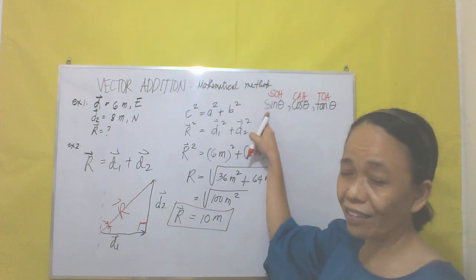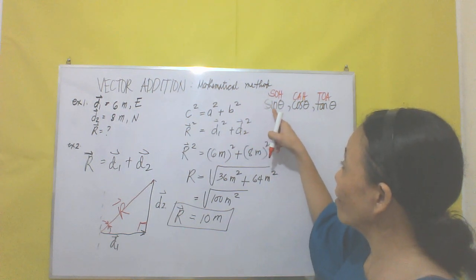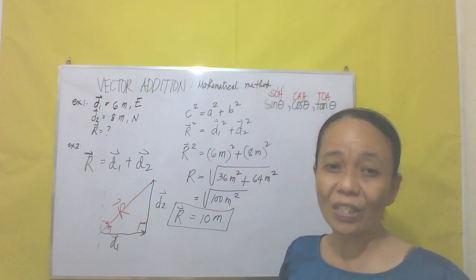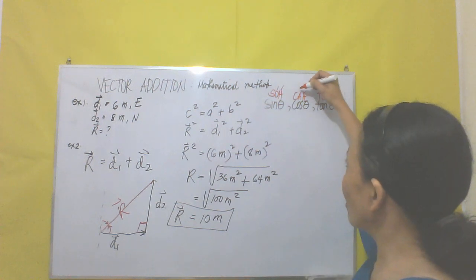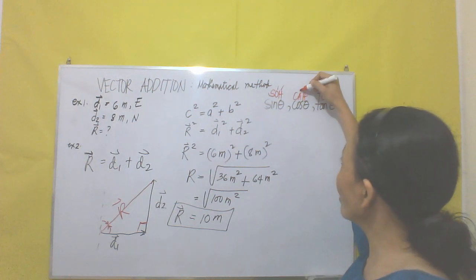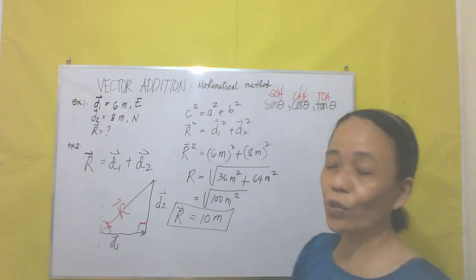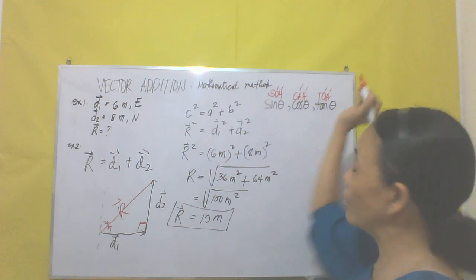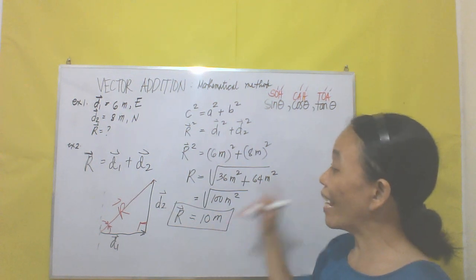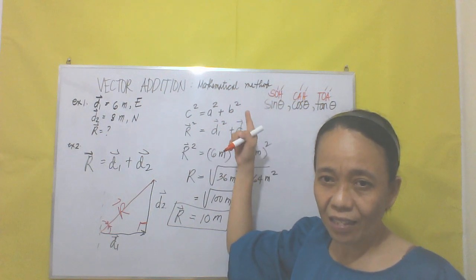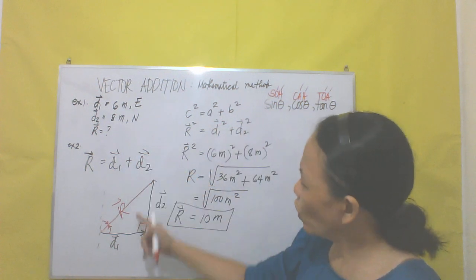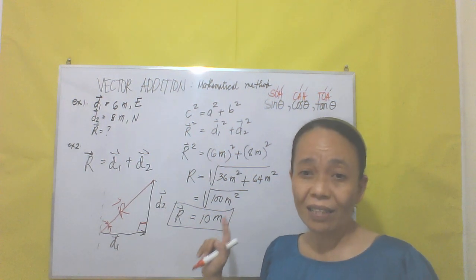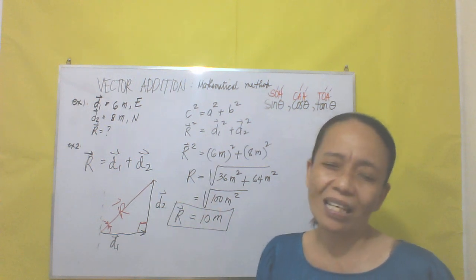Sine theta is equal to the opposite side divided by the hypotenuse, the longest side c. Cosine is adjacent side divided by the hypotenuse. Then tangent is opposite side divided by the adjacent side. We can use any of these three since the longest side c, or r, is already known and is equal to 10.